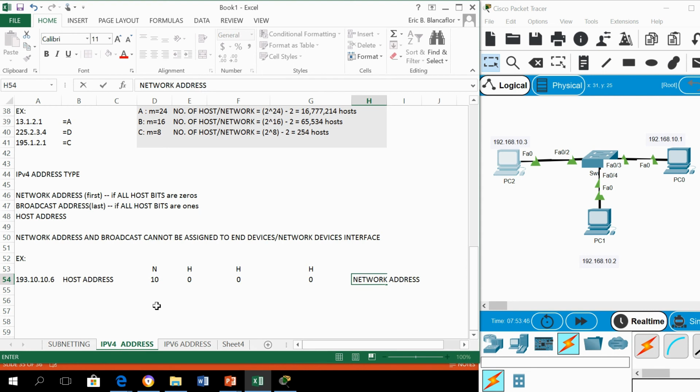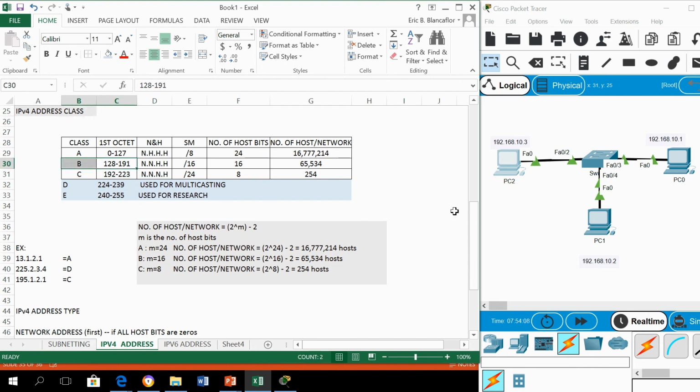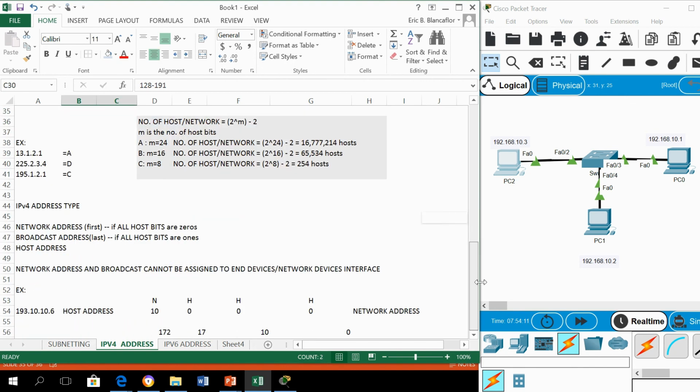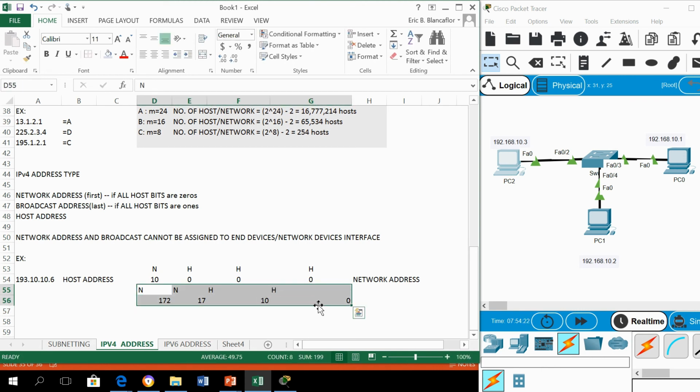Okay? So, let's say I have another example here. Say 172.17.10.0. What class is this? 172 is under class B. So, in class B, the arrangement is network, network, host, host.